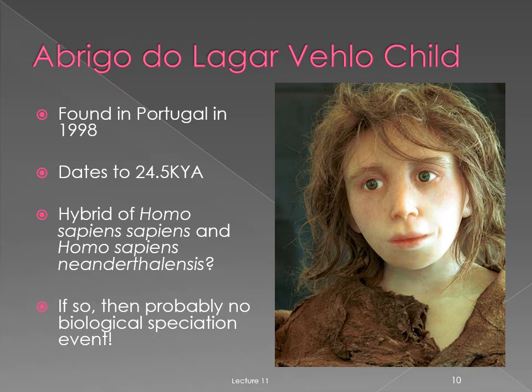The complete replacement model predicts that he wouldn't have been. On the other hand, interspecific hybrids are very rare. If the child is a hybrid, then it's much more likely that sapiens and Neanderthals could not only interbreed but produce fertile offspring, which would invalidate the speciation event that out of Africa proposes.